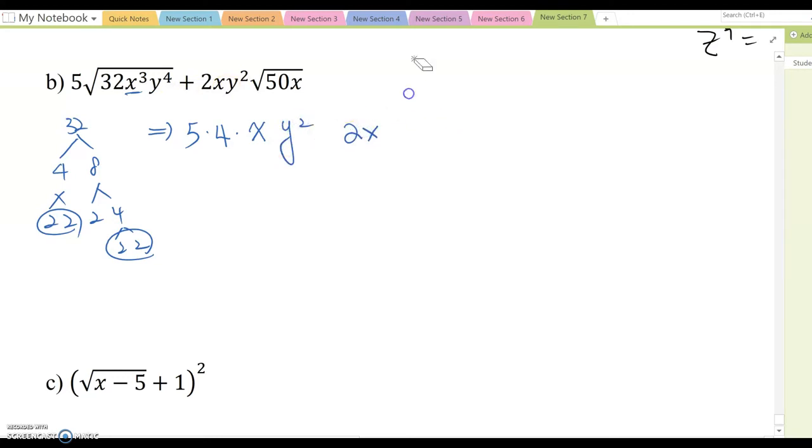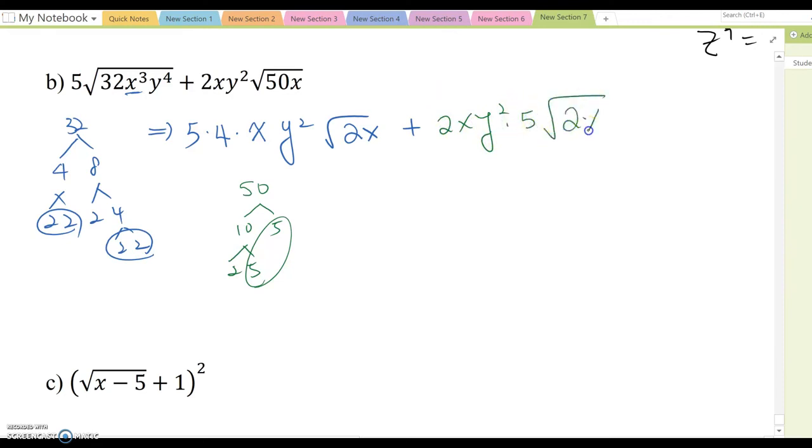Now, and plus, so 50 here. 50 means 10 times 5, and then 2 times 5, so 1 pair here. So 5 comes out. So 2x y squared times 5 square root of 2x.